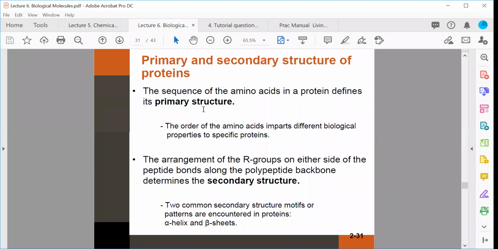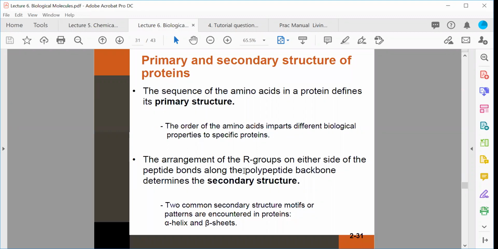That's because the order of those amino acids will impart different biological properties to the protein once it's completed its formation. We haven't actually completed it just yet. All right, so that's the primary structure.